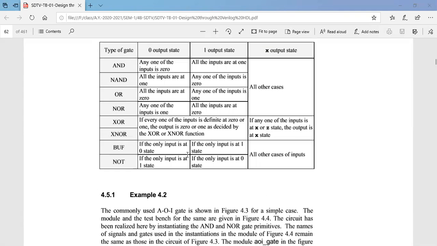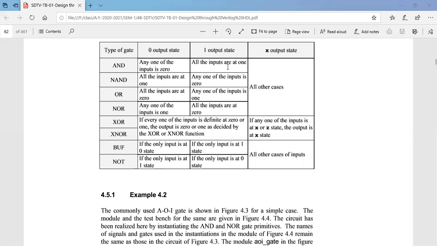We already know what we use to write the truth tables of those respective gates. When is the AND gate going to the 0 output state? This is the name of the gate, the type is AND gate, and this is the 0 output state. If any one of the inputs is 0, the AND gate goes into the 0 output state.